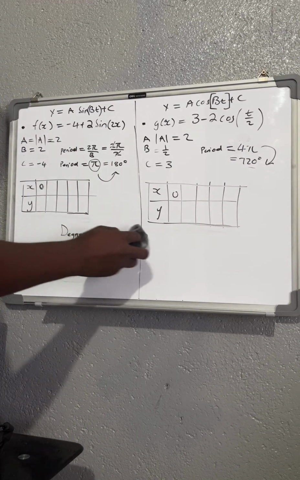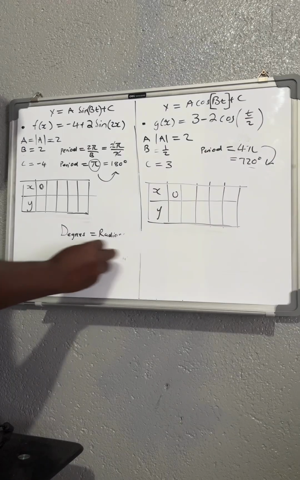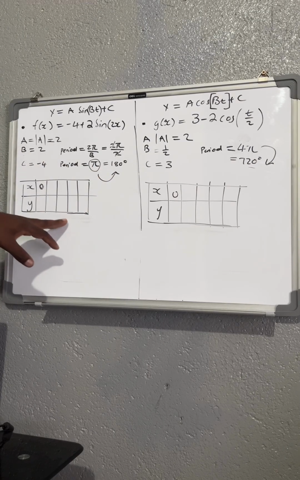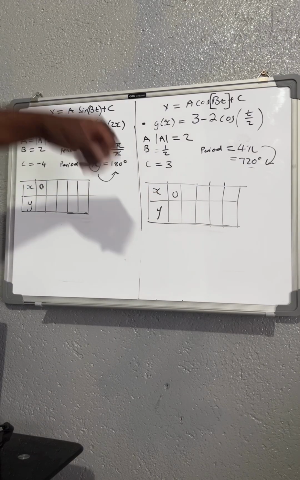Now comes the important part that you also have to note. You have your period, which is 180, and I said you should at least choose 4 quarters that you're going to be working with, excluding this 0.